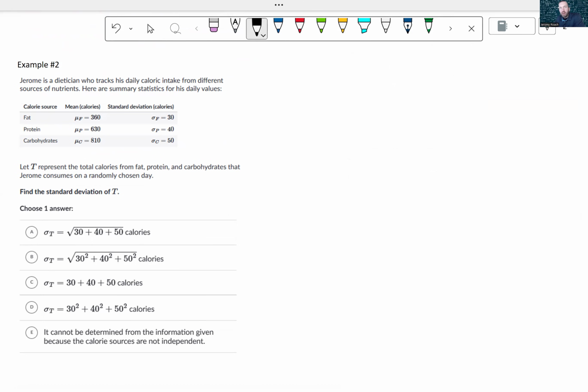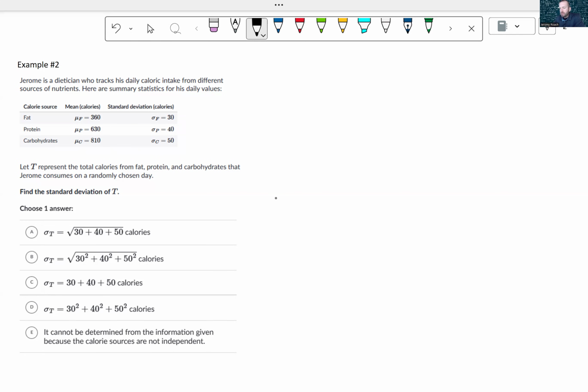And when I first saw this, I thought that it was just like example one. But when I looked a little more closely at this problem, I noticed one thing that we have to be sure of, and that is we have to check to see if all the variables are independent, meaning that the variables do not influence one another.